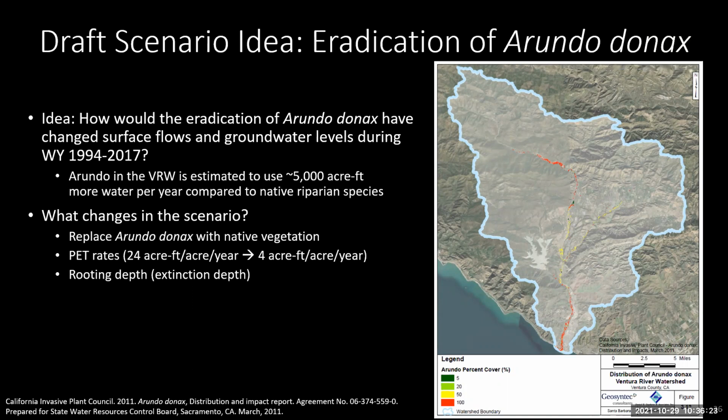Yeah, so Arundo eradication began in Matilija Creek in 2007, and the county has done multiple passes. So for all practical purposes, especially if you're looking at water supply, you could look at the Matilija gauge, and look at pre-2007 versus post and see if you actually notice anything.